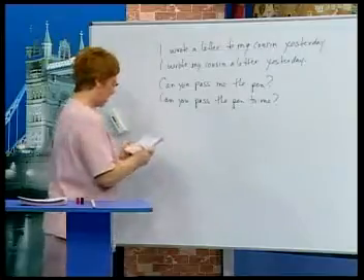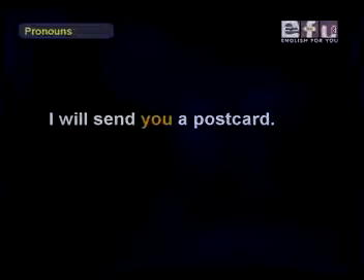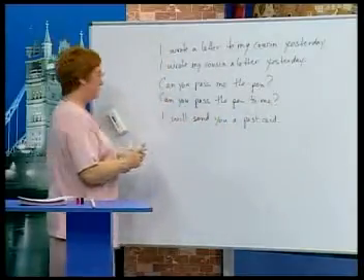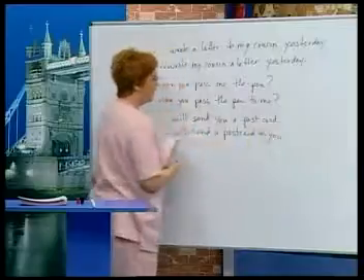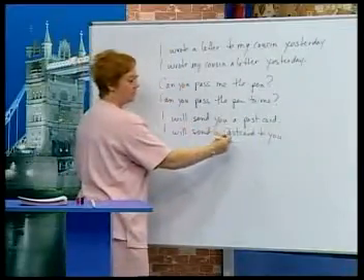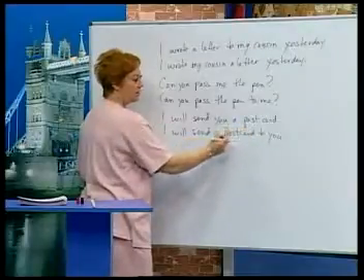Okay? All right. And I will send you a postcard. Okie dokie, Isabel. I will send a postcard to you. Yes. Again, we took "you", because this is the direct object.